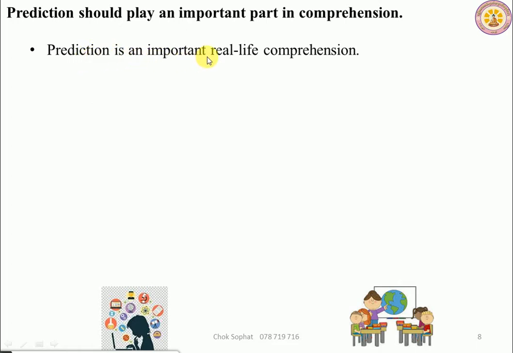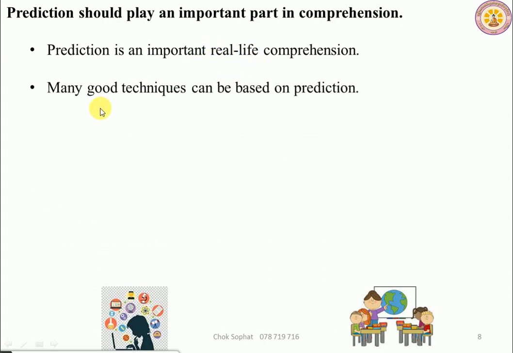Many good techniques can be based on prediction. So the students can predict the topic of the reading text or the listening text. This involves them in thinking about the reading or listening comprehension.